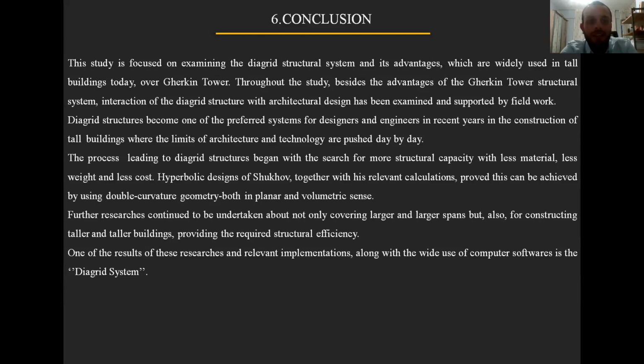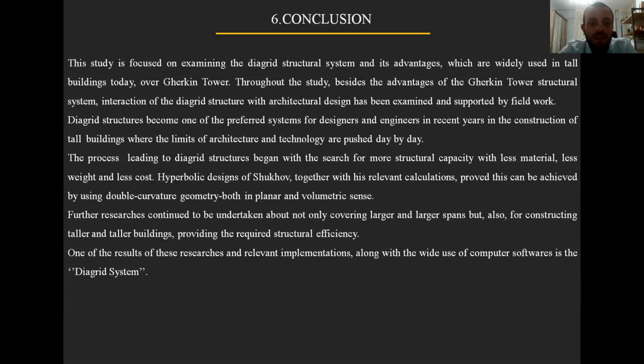Diagrid structures have become one of the preferred systems for designers and engineers in recent years in the construction of tall buildings, where the limits of architecture and technology are pushed day by day. The process leading to Diagrid structures began with the search for more structural capacity with less material, less weight, and less cost.